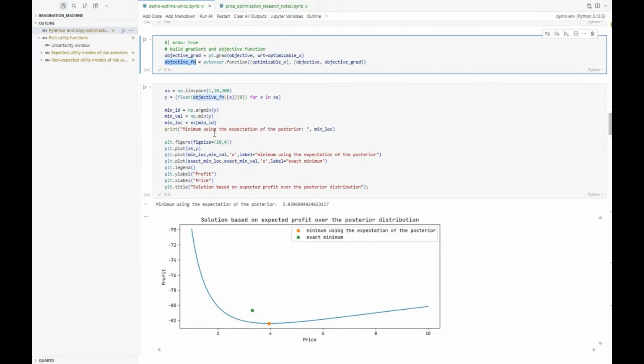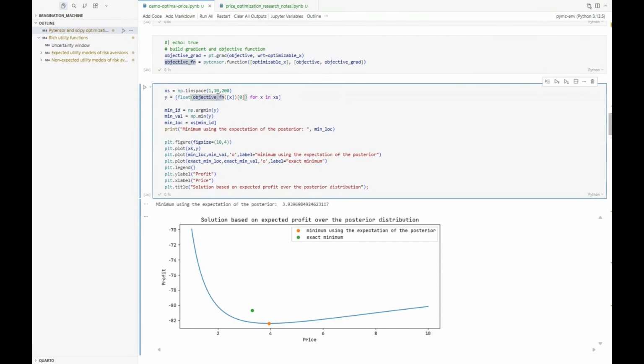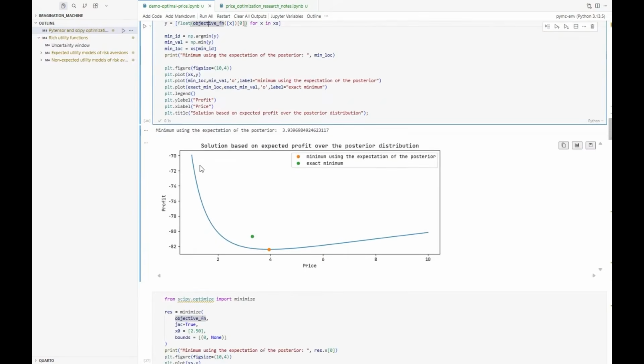This problem is extremely simple. It only has a single variable that you're optimizing. So we don't really need all of the power of SciPy to do something interesting. If we just grid search over the function, we can get a different surface, which is what the model thinks is the objective surface given the uncertainties that it has, and what it thinks the optimal price is.